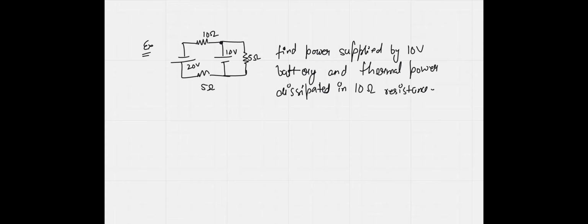Hello, Kirtana, are you there? Yes, sir. Okay, two ways are there, current I and current I. So which way have you got current I in this circuit? From 10 volts to 5 resistance.